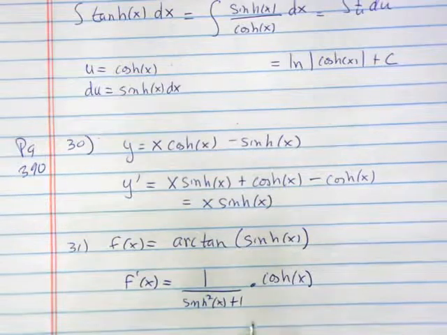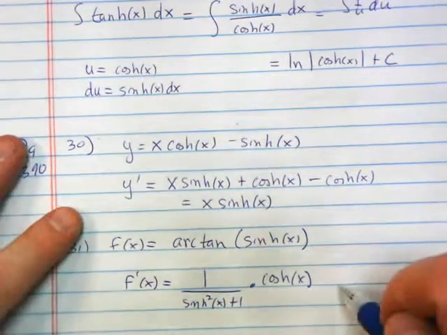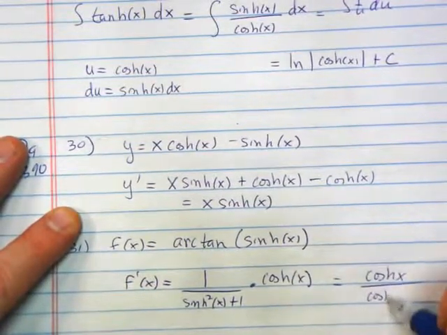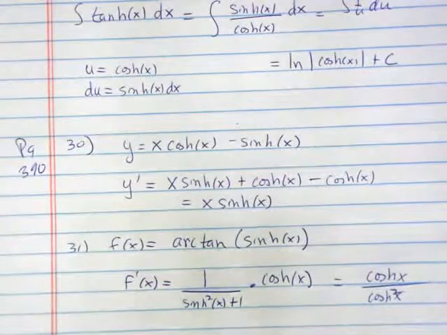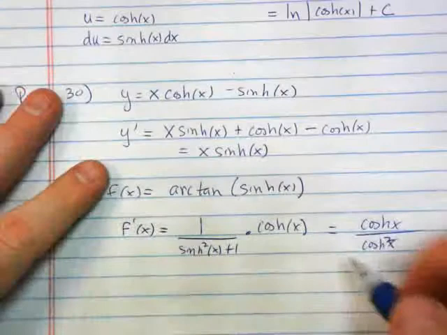Isn't that what I have right here? 1 plus hyperbolic sine squared? So this is hyperbolic cosine divided by hyperbolic cosine squared, which is 1 over hyperbolic cosine, which is hyperbolic secant.